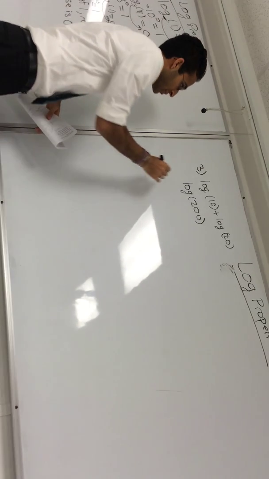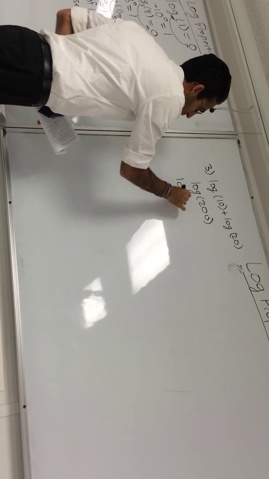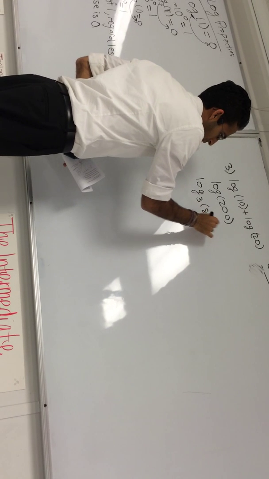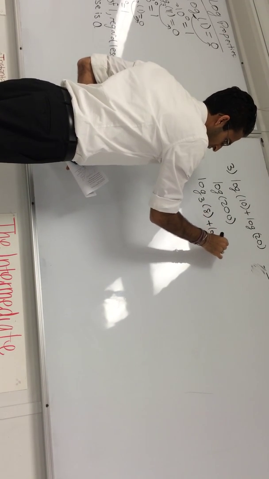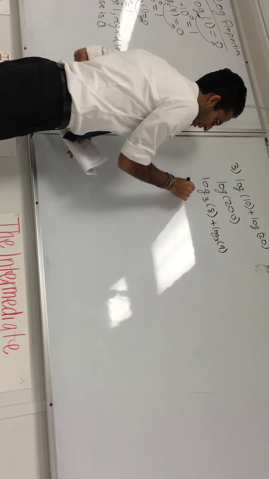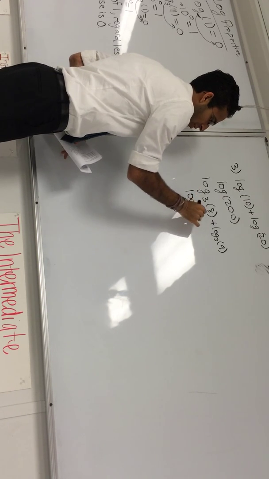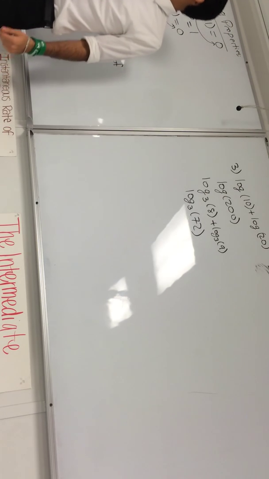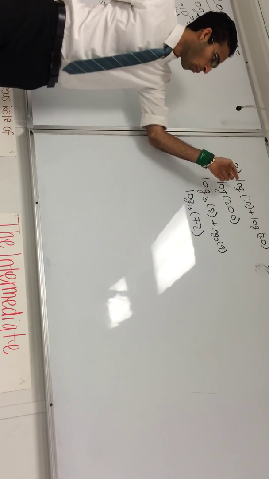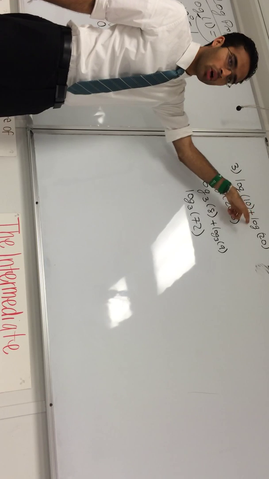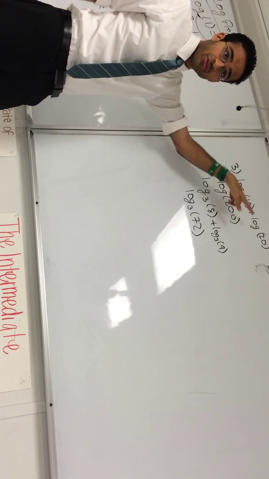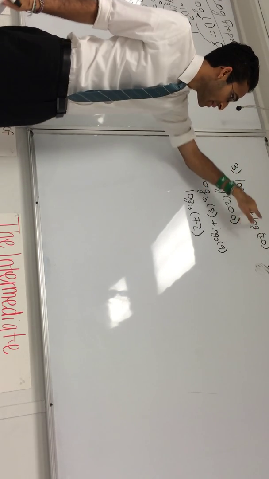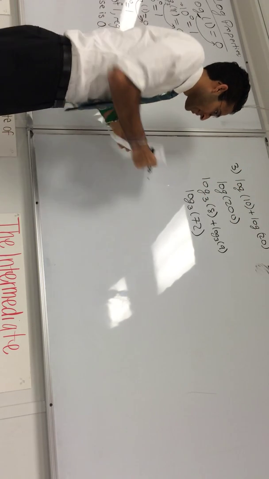Let me do another numerical example, then I'll write it in words. So log base 3 of 8 plus log base 3 of 9 equals log base 3 of 72. So the rule here is the following. When I am adding 2 logs of the same base, I can multiply the arguments. Let me write that down.